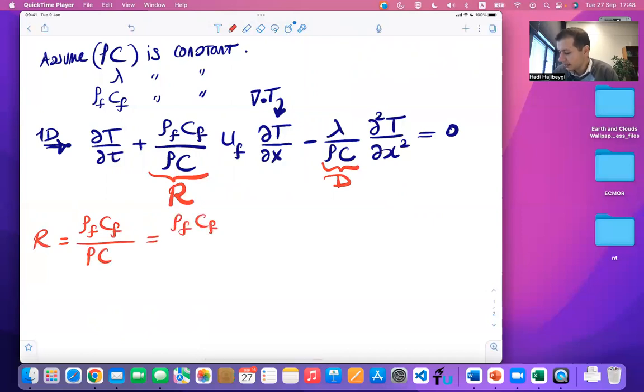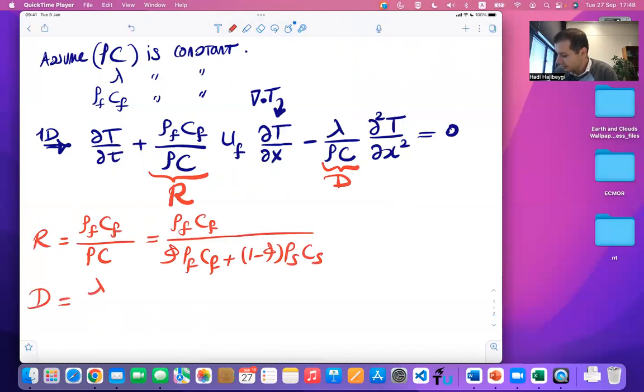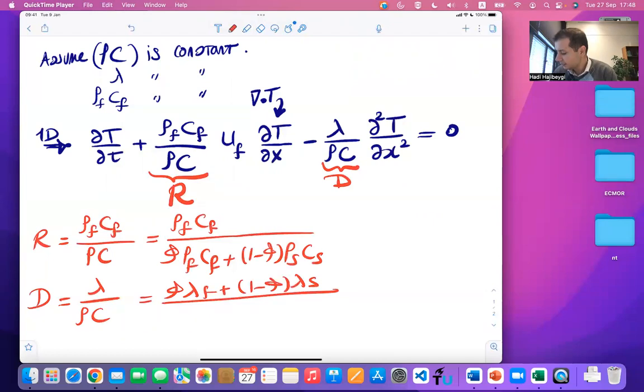It is porosity rho_f C_f plus (1 minus porosity) rho_s C_s. D is lambda over rho C, which is porosity lambda_f plus (1 minus porosity) lambda_s, divided by rho C, which is porosity rho_f C_f plus (1 minus porosity) rho_s C_s. Very well.